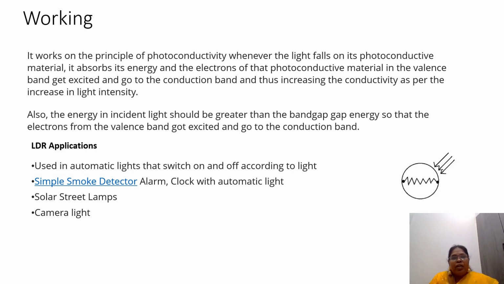The energy of the incident light should be greater than the band gap energy; only then will the electrons in the valence band get excited and move to the conduction band.